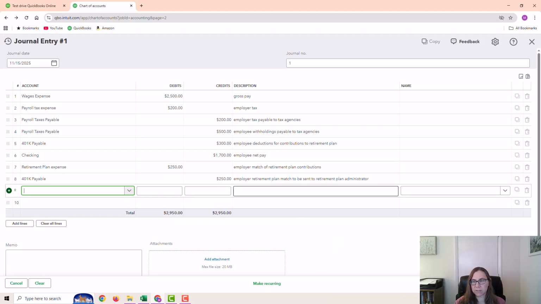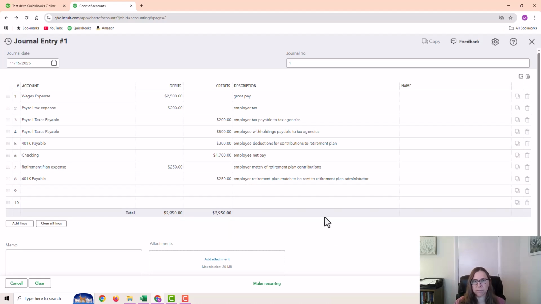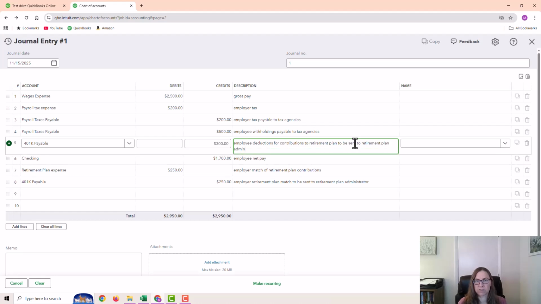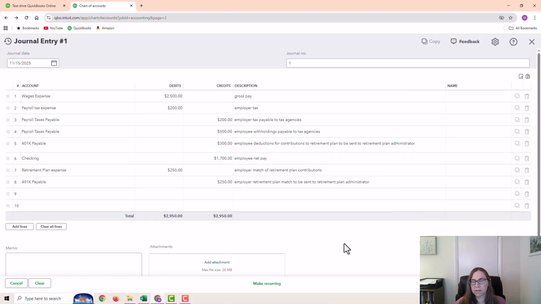I'm going to go ahead and save and close this. Okay, I'm actually going to add up here to be sent to retirement administrator. Maybe I can spell administrator correctly this time. Okay, so that's it. That's your journal entry for the payroll itself.